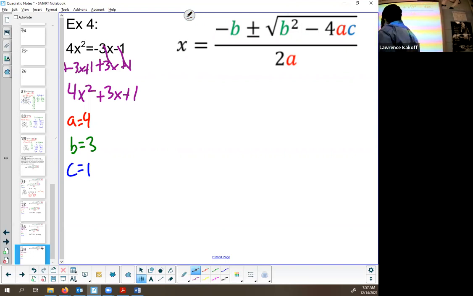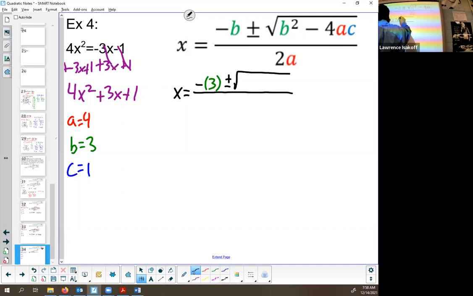So now again, I'm just plugging in here. X equals negative, and what should I be plugging in right here? Plugging in 3 plus or minus the square root of, again, plugging in 3 here, so that's going to be 3 squared minus, now 4 is always in here.